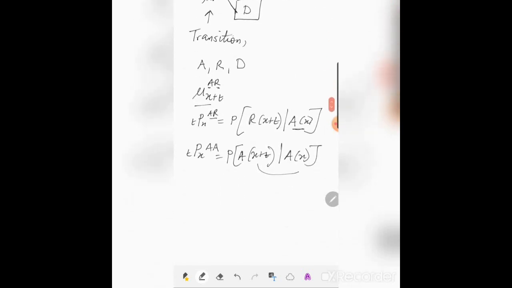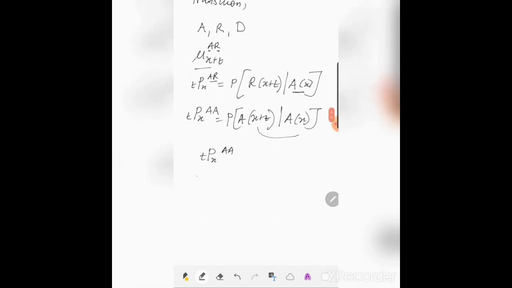When I write tPx AA, it means that he is in state A at the age x plus t, given that he is in state A at the age x.